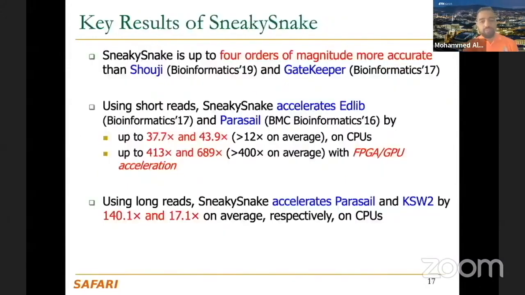Hopefully by that we cover most of the things about SneakySnake. We observe up to 4 orders of magnitude more accuracy than Shouji and GateKeeper. And then we accelerate EDlib, which is one of the best or the best performing implementations of Myers bit-vector. It has a lot of configurations for local, glocal, and global alignment.